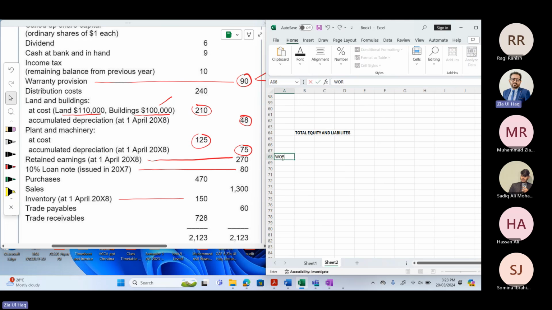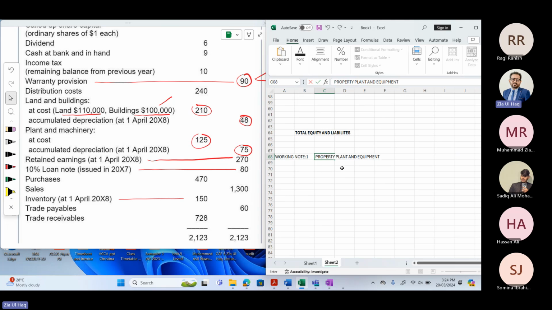Working notes. Number 1. And that is relating to what? Property, plant, and equipment. You can simply put PPE. So there are some assets, there is depreciation.